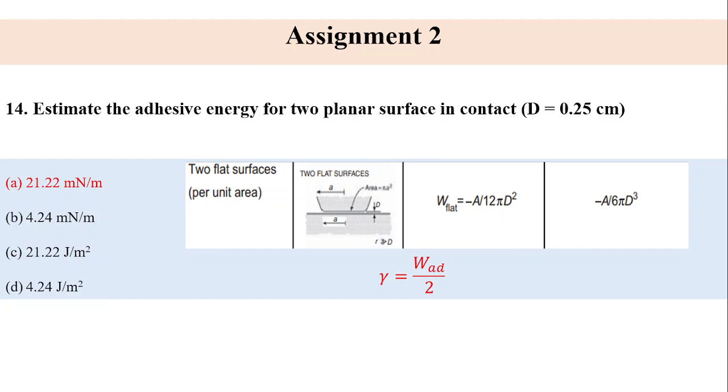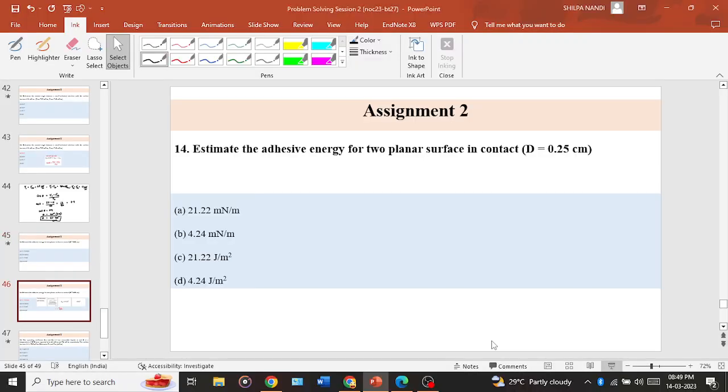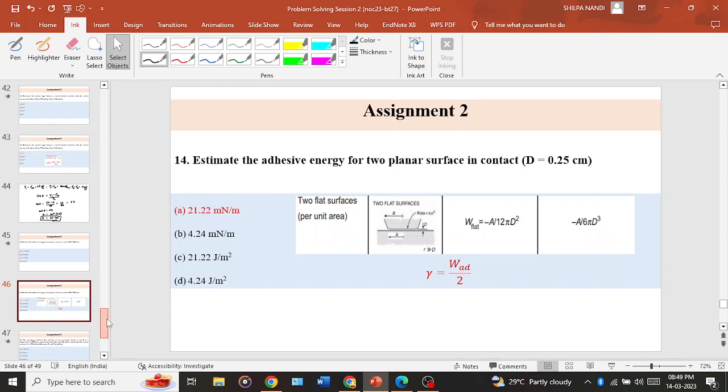This table was already given on page number 255 of the book Intermolecular Forces by Jacob Israelachvili, and gamma can be calculated as W_AD by 2, or W11 by 2. So we'll try to solve this question, but I will be very happy if you also solve this question with me.